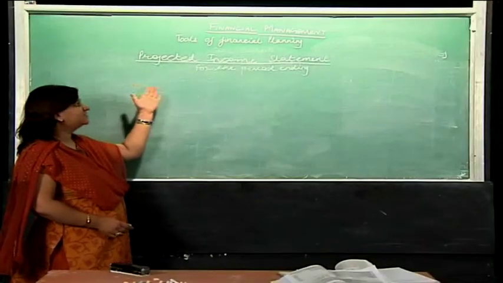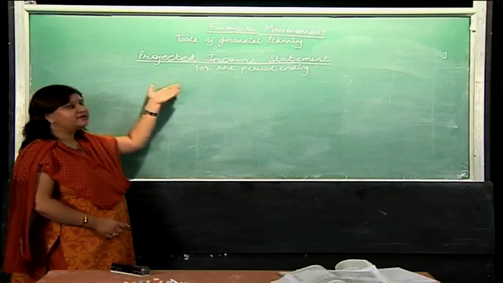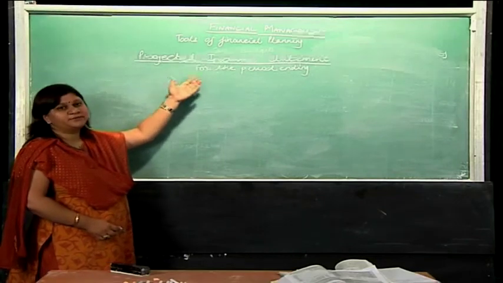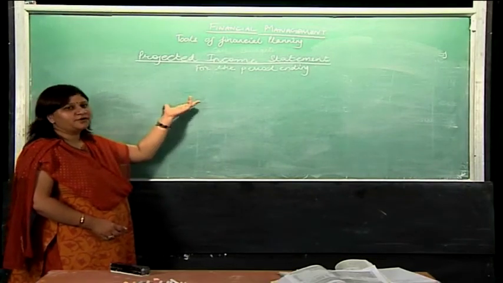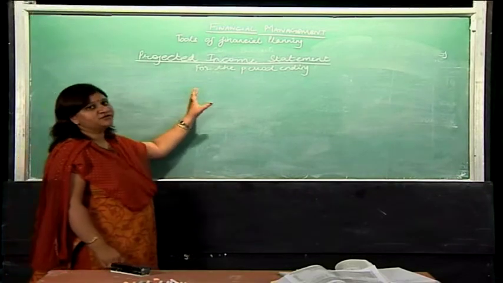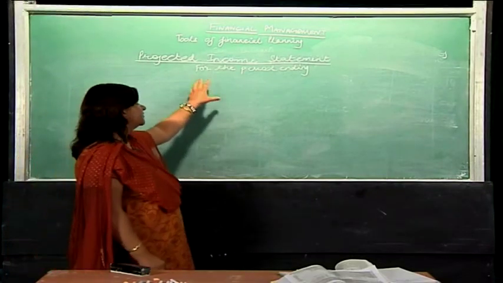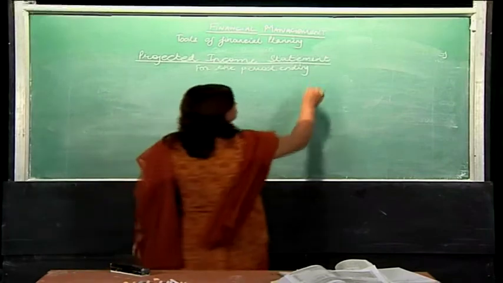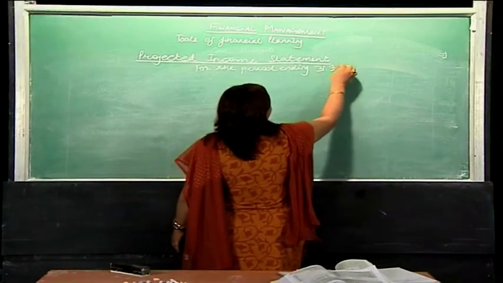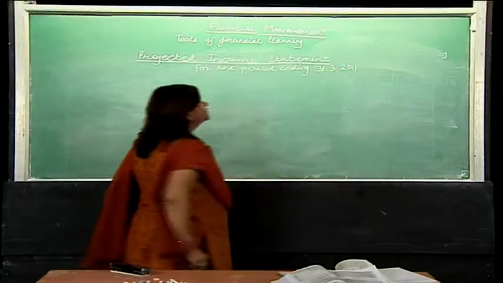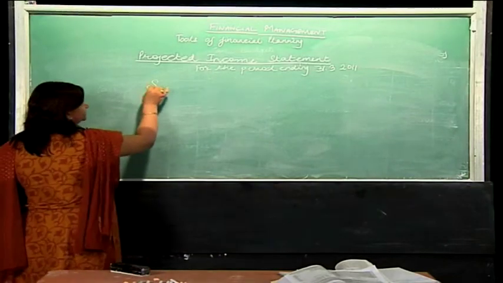Now, students, let us see the projected income statement. It is prepared for a particular period. It is not prepared for a point of time, but for the period, that is for the entire year. So, it will be prepared for the period ending 31st March 2011. First of all we will take sales.